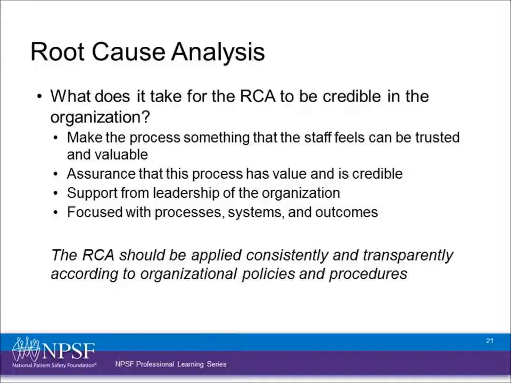So I think an organization should design these processes and show that they're very firmly supported by the leadership of the organization. They must be focused very carefully on processes, systems, and outcomes. If the idea of ferreting out individual error operators becomes the focus, very soon people will lose interest in participating.